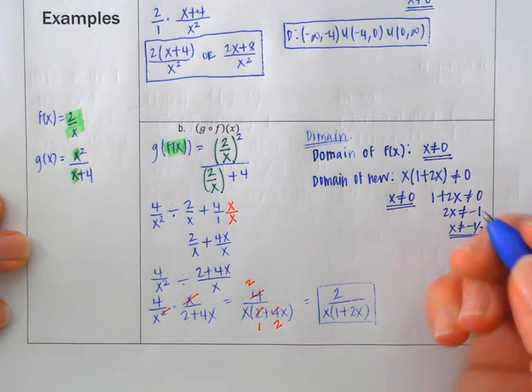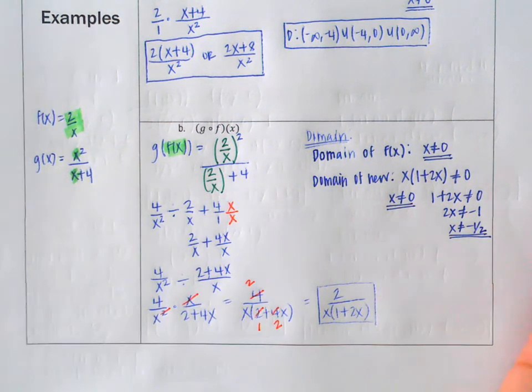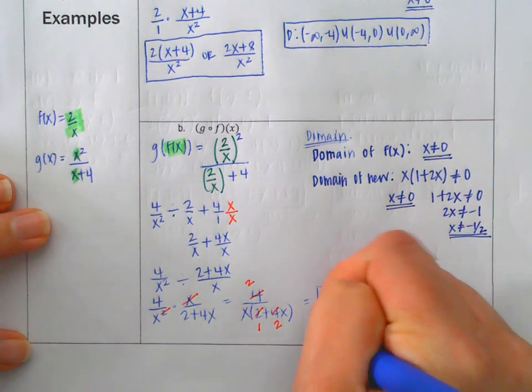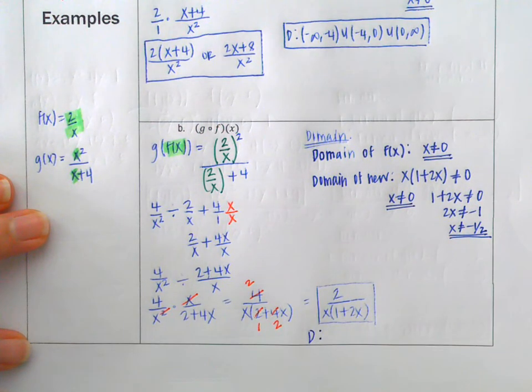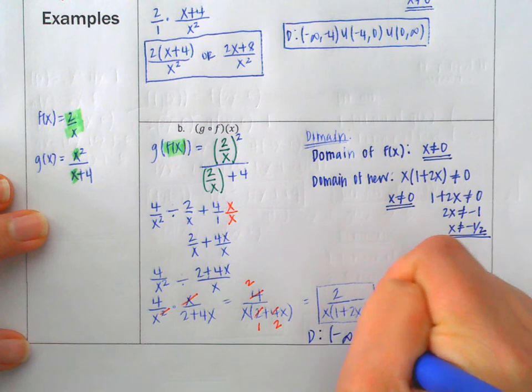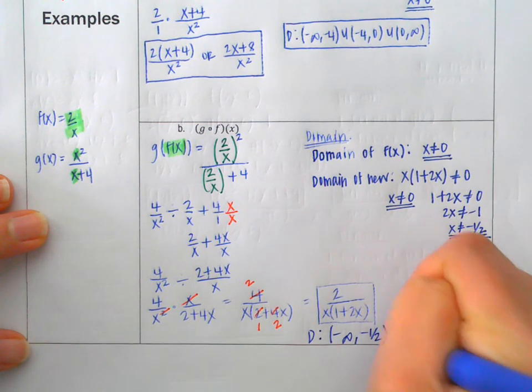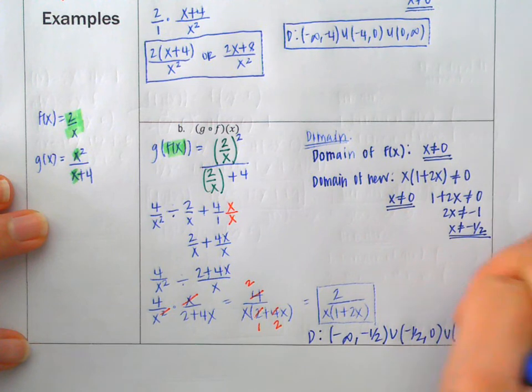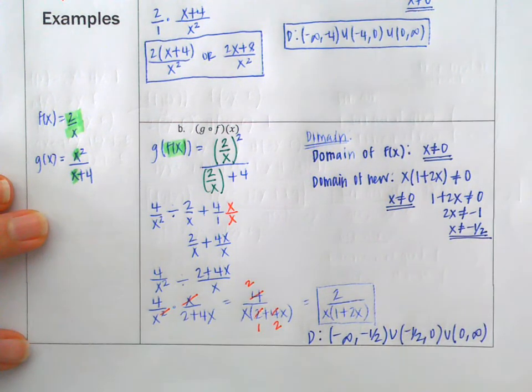And then we'd write it in interval notation. So the domain would be -infinity to -1/2, union, -1/2 to 0, union, 0 to infinity.